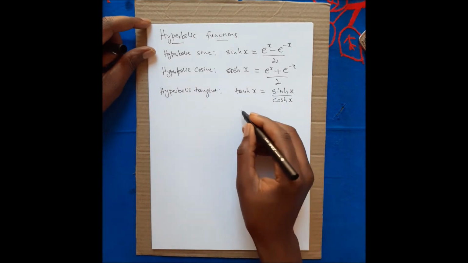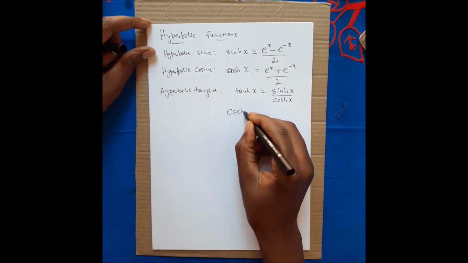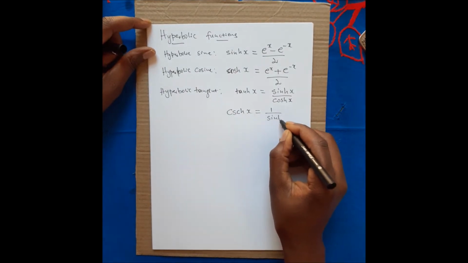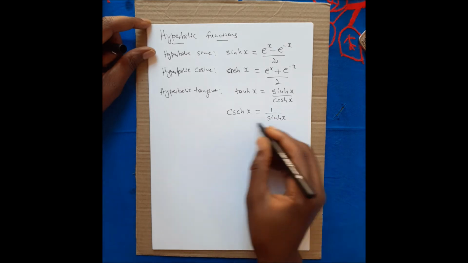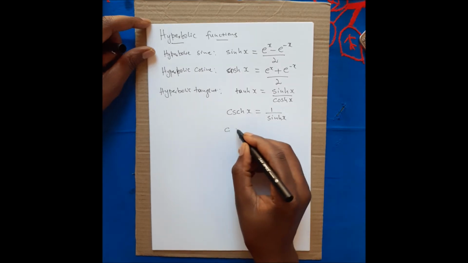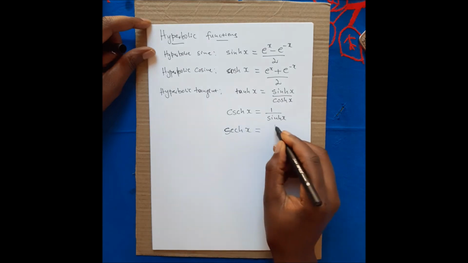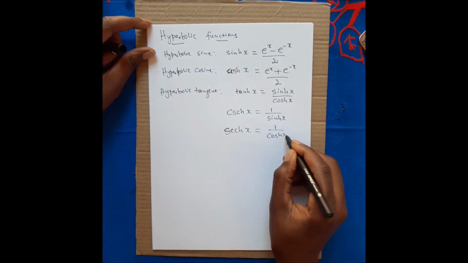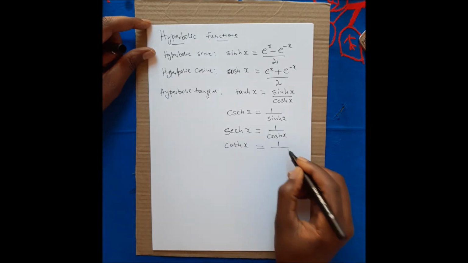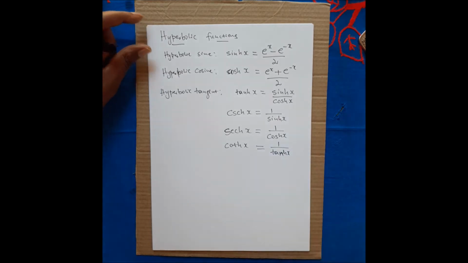So similarly, we may talk of cosech of x, which is simply 1 over the sinh of x. And we also have sech of x, which is 1 over the cosh of x, and coth of x, which is 1 over the tanh of x, like that.